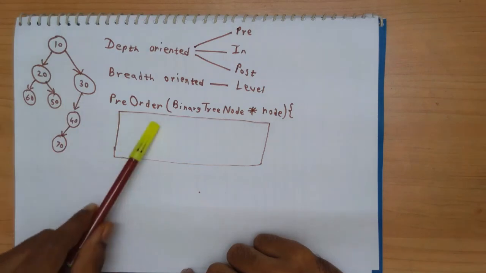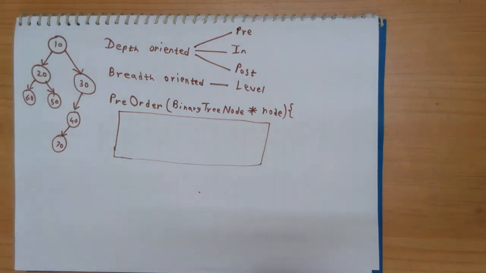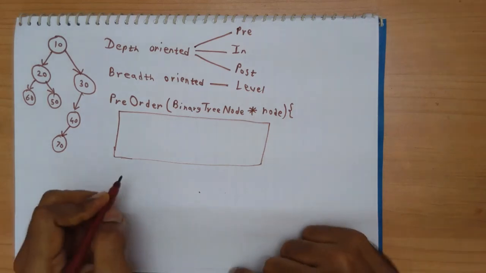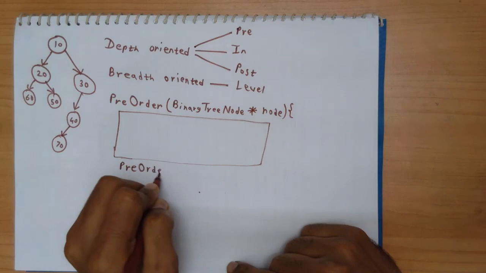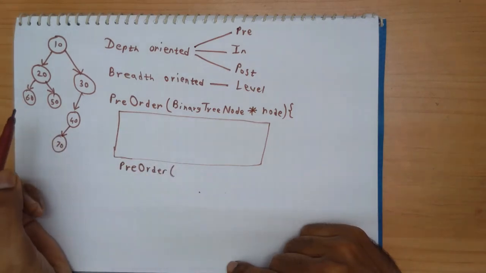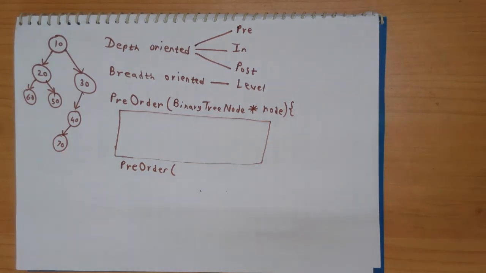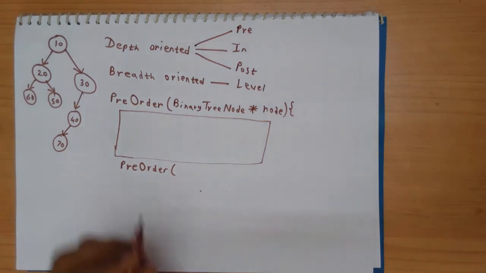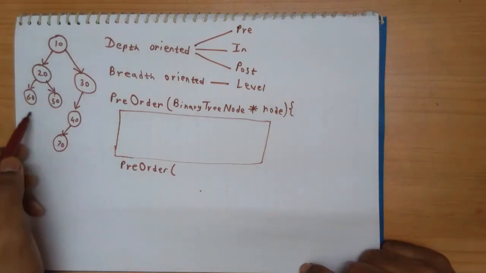So you would do the action corresponding to the node first, and then what you will do is you would do the pre-order traversal of the left of the node. Okay, we have to perform the pre-order traversal on the left subtree of that particular node.